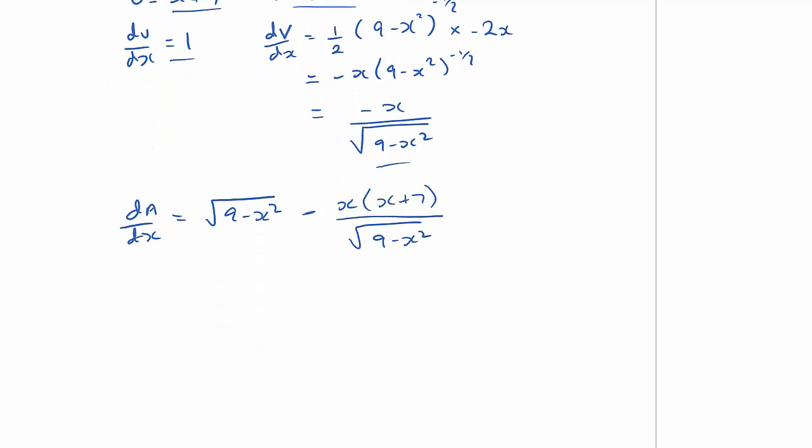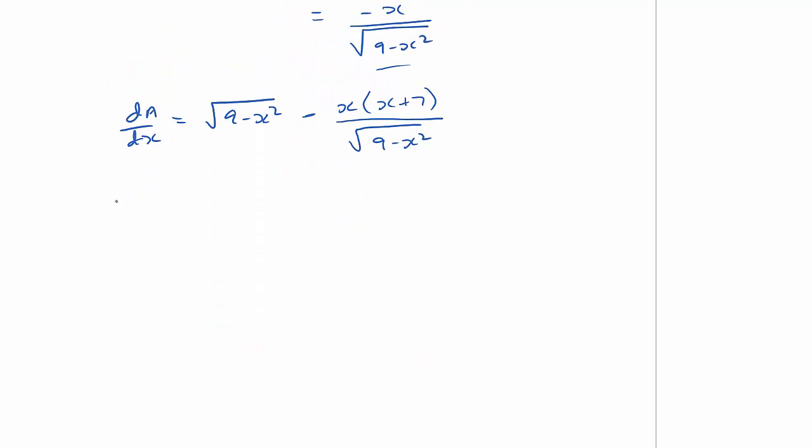And we want when that is equal to 0. So the square root of 9 minus x squared, take away x plus 7 over the square root of 9 minus x squared is equal to 0.